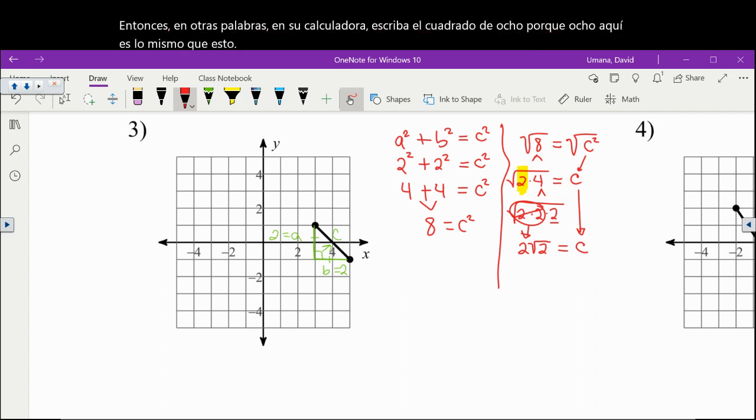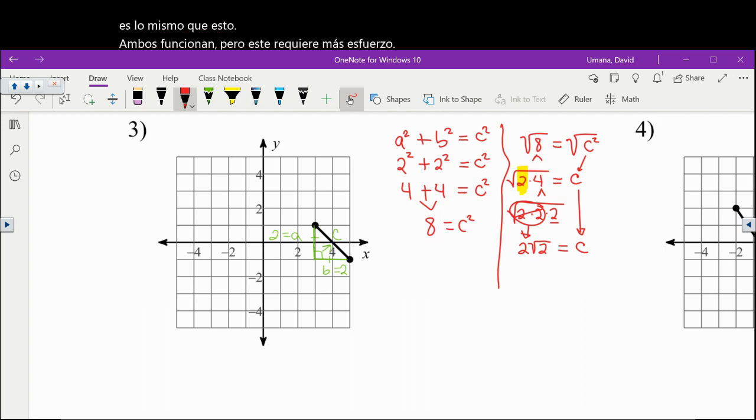They both work, but this one takes more effort. So can somebody find the square root of 8? Approximately how much that is? 2.82. So I'm being told that this is going to be 2.82, and that's my approximate answer for C.